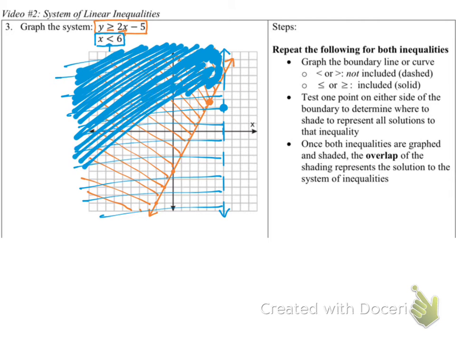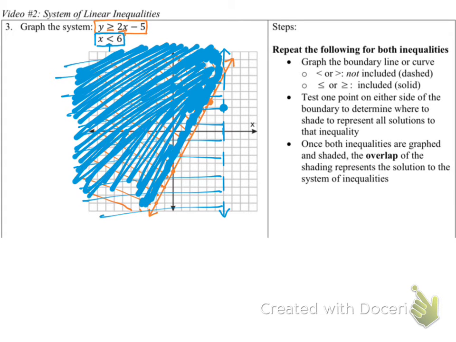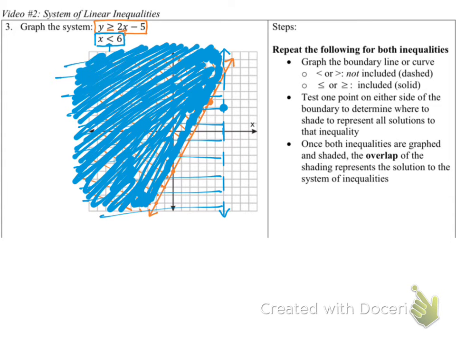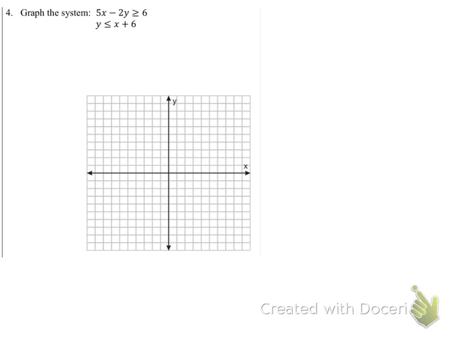Just make sure that if you're to the left of a boundary, stay on the left of the boundary. If you're on the right of the boundary, stay on the right of the boundary. Just make sure that you don't go on both sides of the boundary. So notice I'm above the orange boundary, and I am left of the blue boundary. Okay.